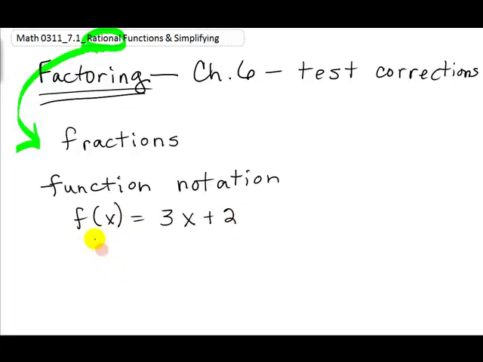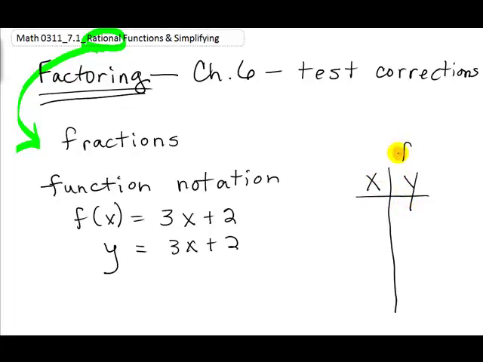So if you'll think back to what you learned about graphing, then the f of x is the y. And so what we're looking at here, if we had the little t-chart, then you would have the f of x here. It's going to be the answer that goes here.